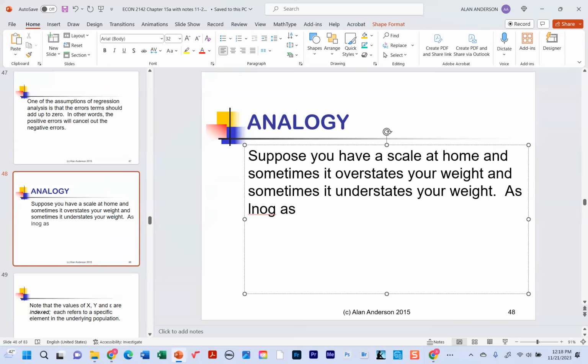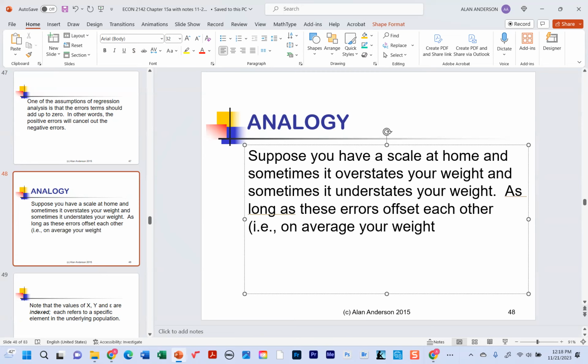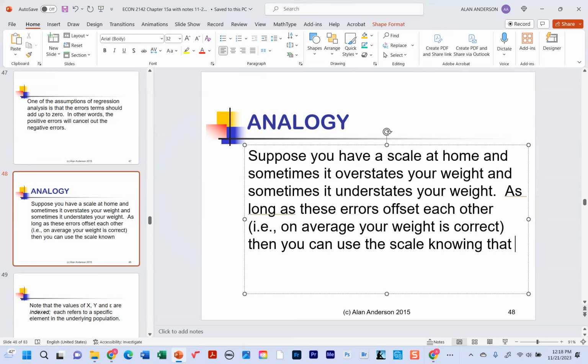As long as these errors offset each other, or in other words, on average, the weight is correct, then you can use the scale, knowing that it is reasonably accurate.